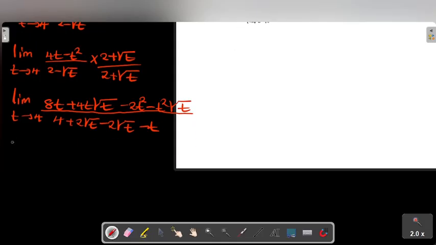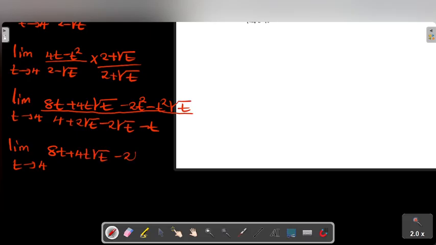So now we just have to simplify this. We have the limit as t approaches 4. On top we maintain 8t plus 4t root of t, minus 2t squared, minus t squared root of t.